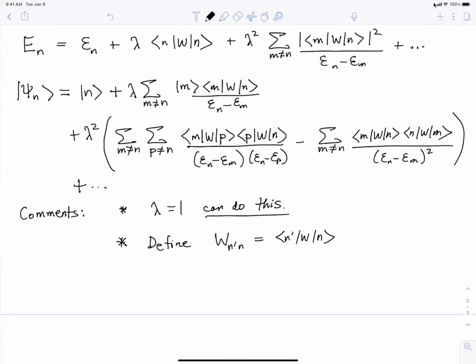And also, if you stare at the formulas, you realize that's basically the only thing you ever need to compute. You need to know these matrix elements. And if you do, then you've basically solved the problem, because the only other thing that appears now is the energy differences that are appearing in the denominators. Okay, so we need these.